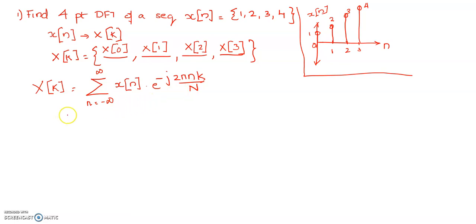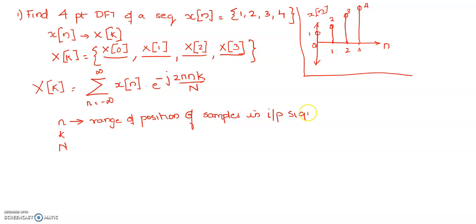But before moving ahead, we need to have an idea about what is n, what is k, and what is capital N. So let me make it clear before moving into the problem. n typically represents the range of the position of samples in the input signal.